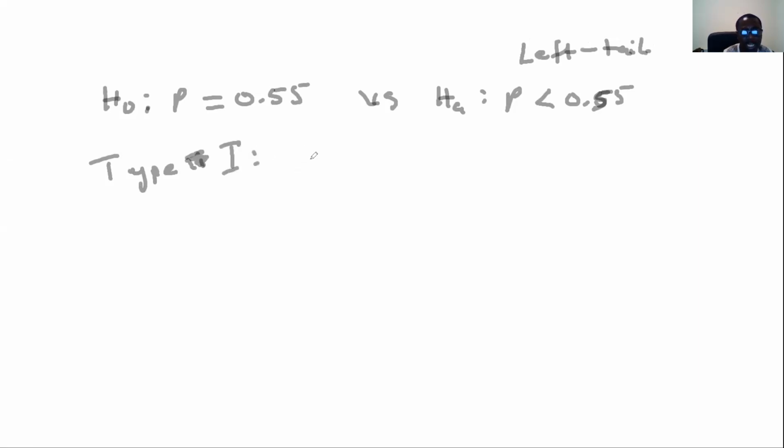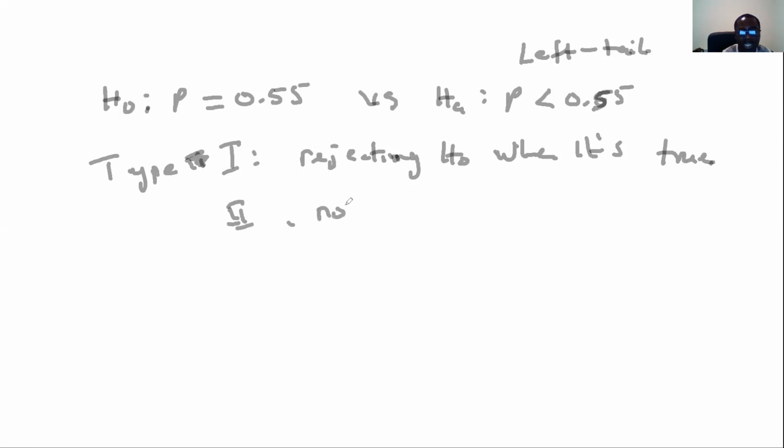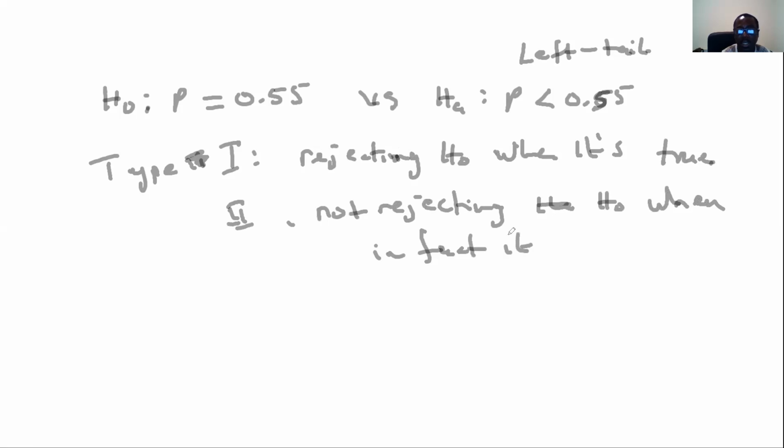Rejecting H0 when it is true. And type 2 is not rejecting the null hypothesis H0 when in fact it is false. So we have written our null and alternative hypotheses, and now we decide.